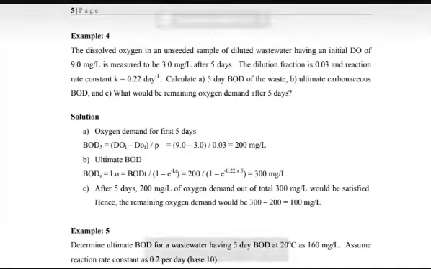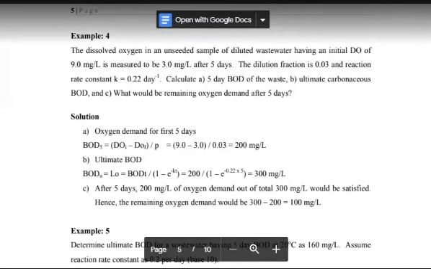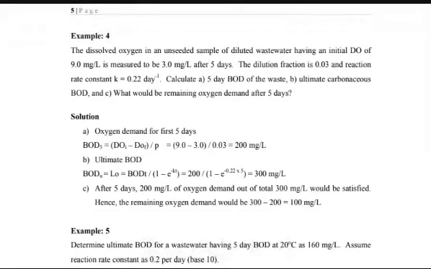They mention the initial DO, the initial dissolved oxygen in the sample before the test, and it is given as 9 milligram per liter. And they measured the final DO, dissolved oxygen, after 5 days, and the value is 3 milligram per liter.